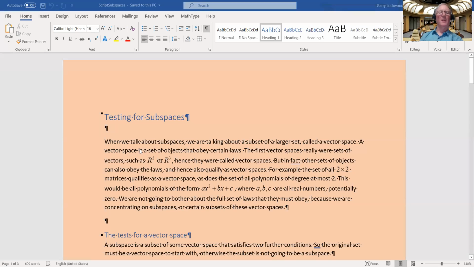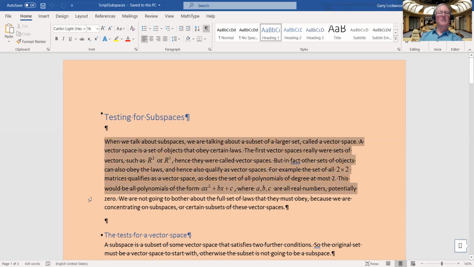Now, a subspace is a smaller set that obeys two further laws, and those are closure under addition and closure under multiplication. And I actually want to share my file here, which is this one. Here we go.